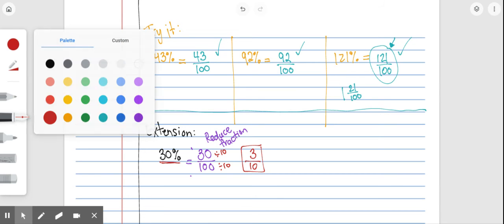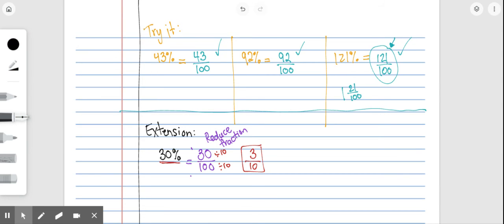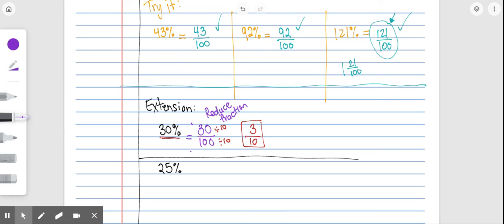Let's try another one. Okay, let's try 25%. Okay, I'm going to do the same exact steps. We're going to start by writing it as out of 100. So 25% is 25 out of 100. Okay. Now the next step is to reduce the fraction.